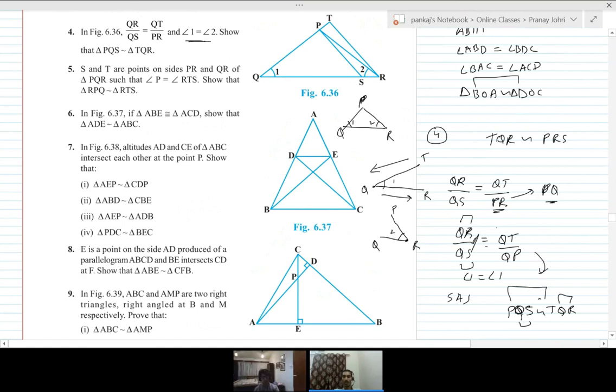Let's do this once again. We had in the question that QR by QS is equal to QT by PR, and angle 1 is equal to angle 2. That means these two sides are equal, so we can substitute PR by QP. If that is substituted, and this is the same angle, then in these two triangles we can say they are similar using SAS.